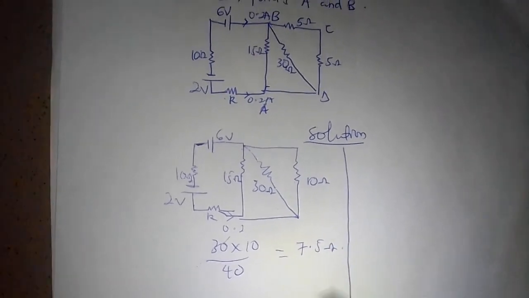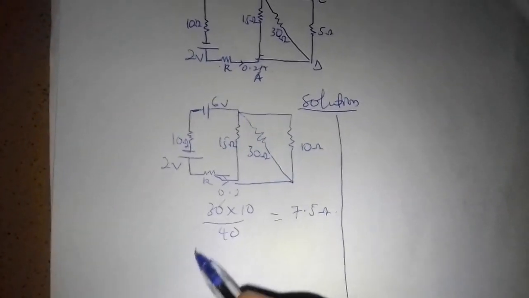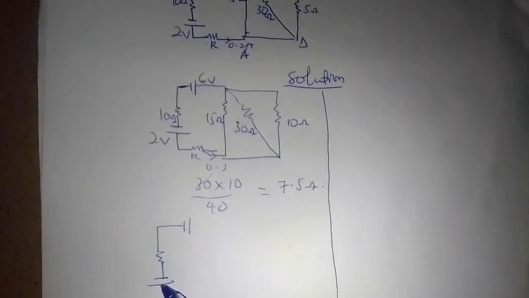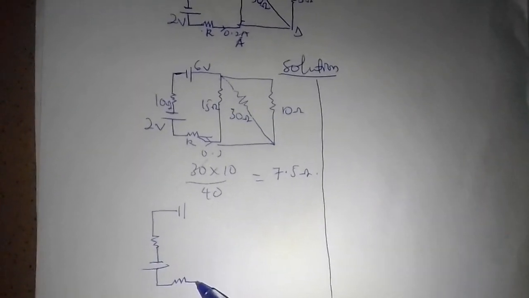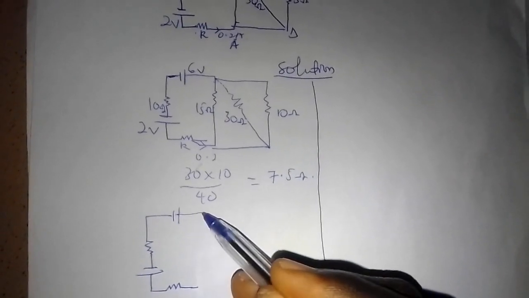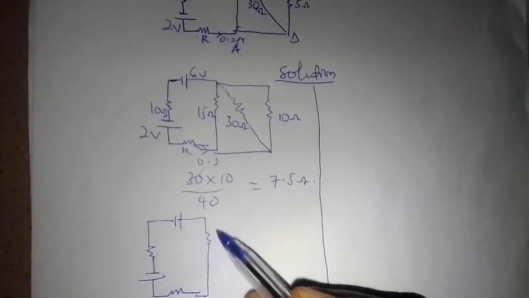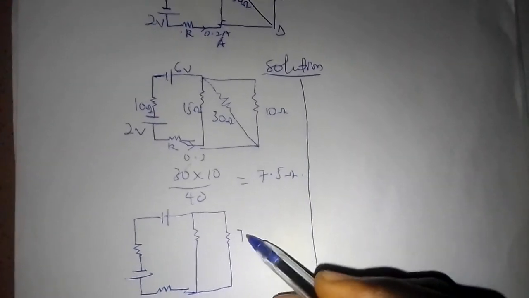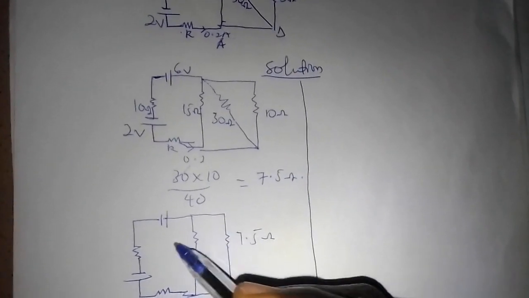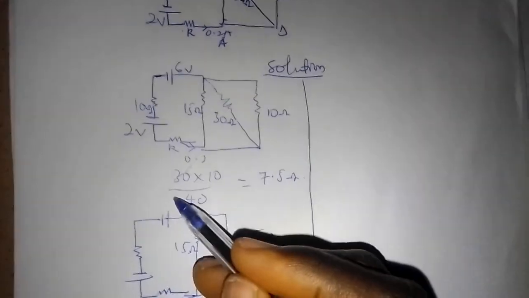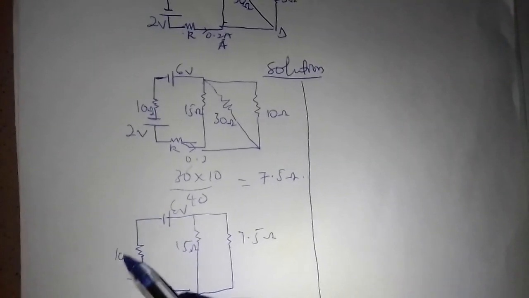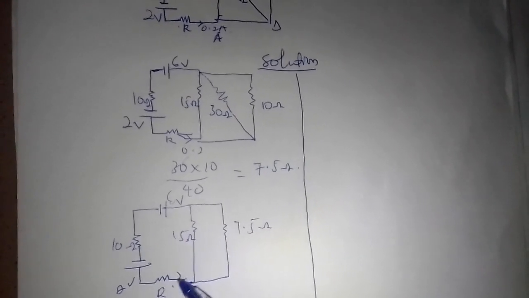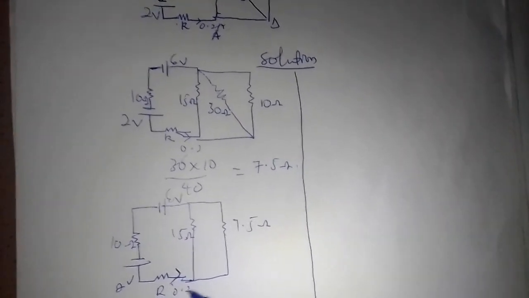So at this point, still redrawing, I'm going to get my simple circuit to be like this, where this is 7.5 ohm and here is 15 ohm. I have my 6 volts, my 10 ohm, my 2 volts, as well as my R, my total current 0.2 amperes.